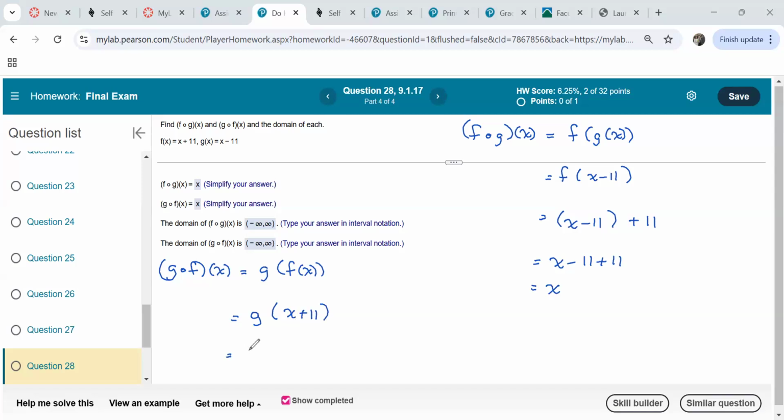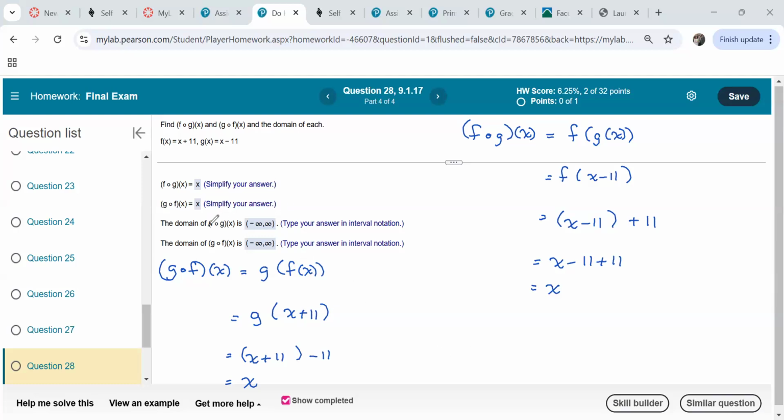So then g is just going to be an empty spot minus 11, and what we fill in there is the x plus 11. So we just get left with x again. So usually f composed with g and g composed with f are not equal. This is just a weird case. So in this case, they just both happen to be x. But as you saw in class, there are more complicated things.